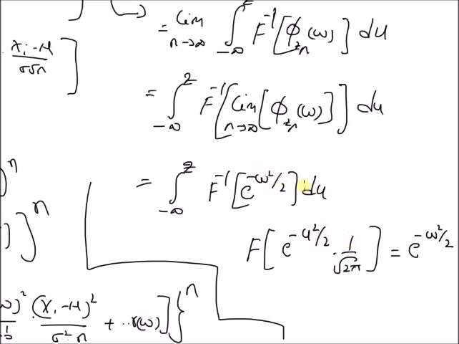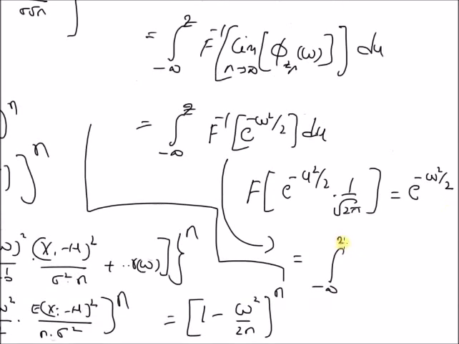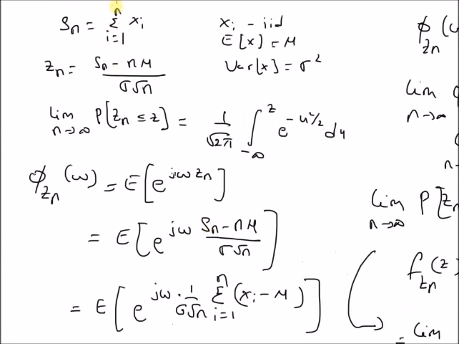Substituting this result here, we have the integral from minus infinity to z of 1 by square root of 2 pi into e power minus u square by 2 du, which is nothing but the right hand side of the central limit theorem. Therefore, for n independent random variables, the standardized sum approaches a standard normal random variable as n reaches infinity.